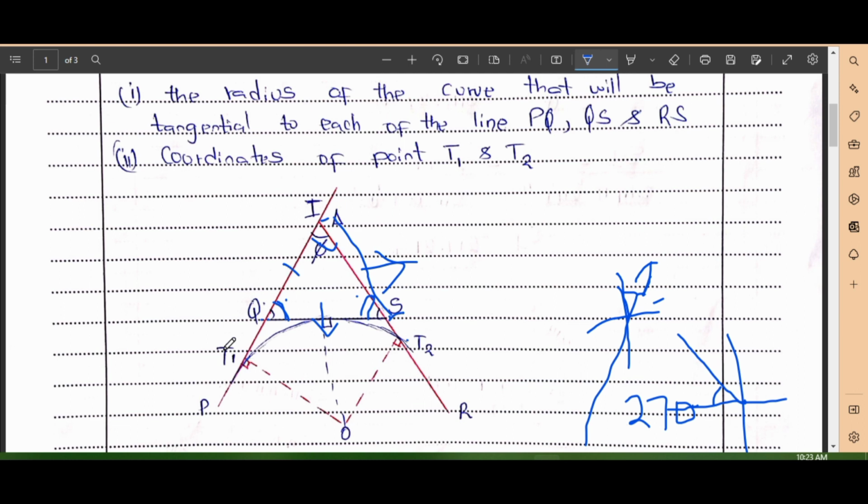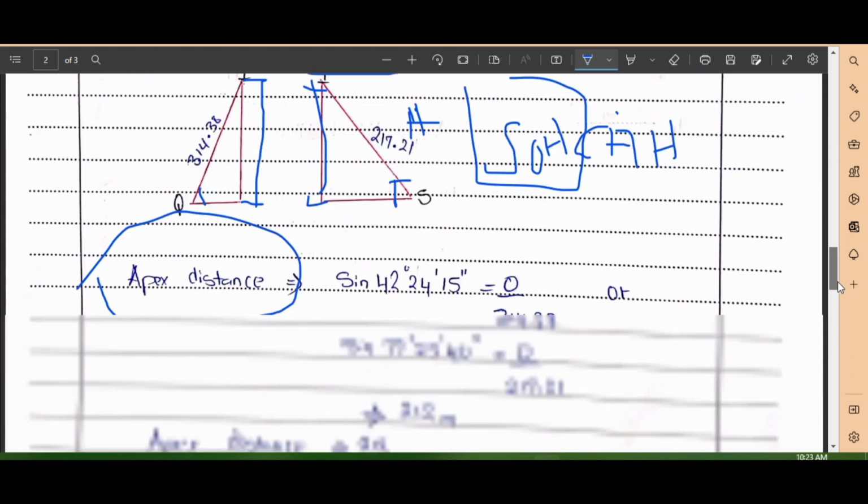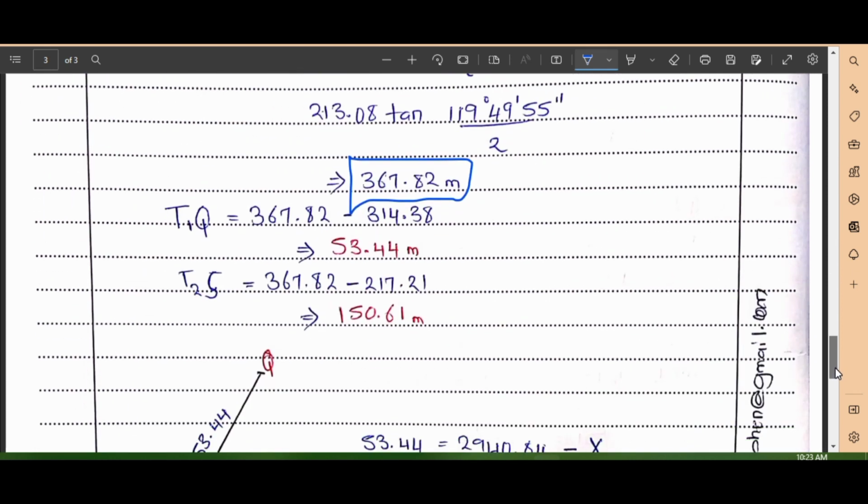I need to subtract the tangent length from this distance in order to get T1 to Q. That is the distance that I want to calculate, and it is the distance I will use to get the easting and the northing coordinates for T1. When I subtract the tangent length minus the length that I had calculated earlier, my answer becomes 53.44 meters.